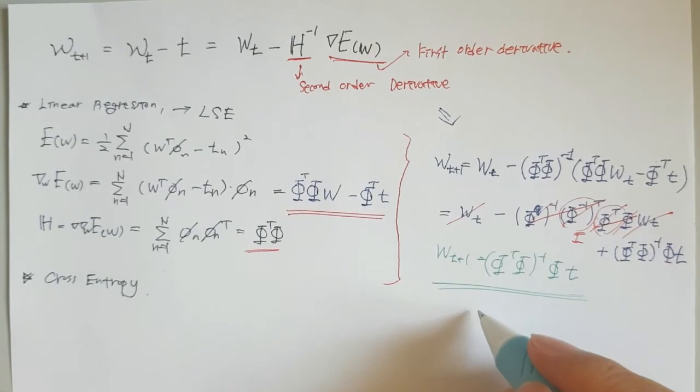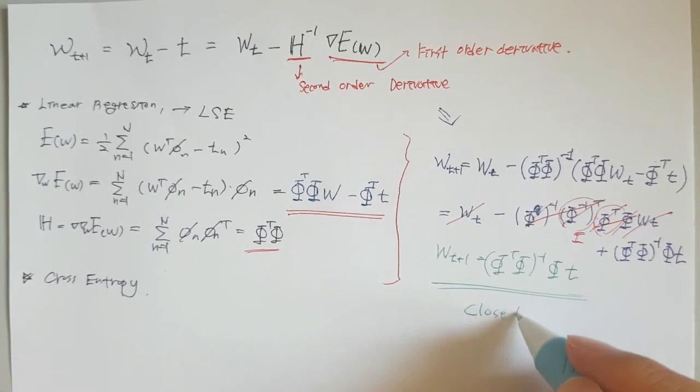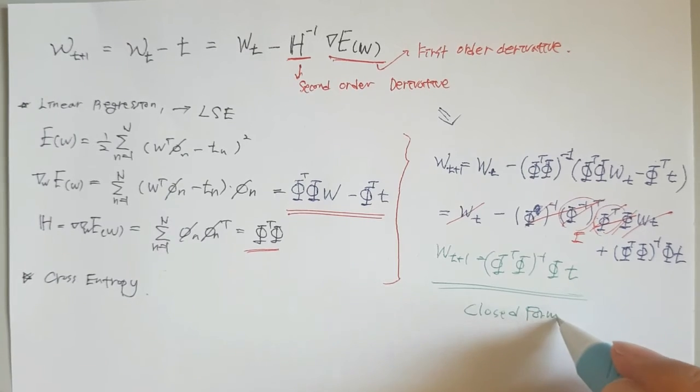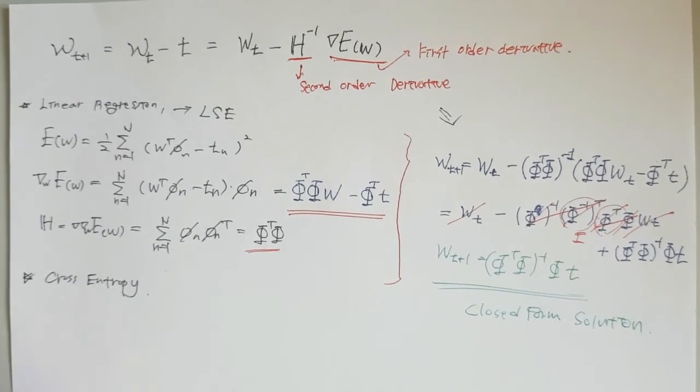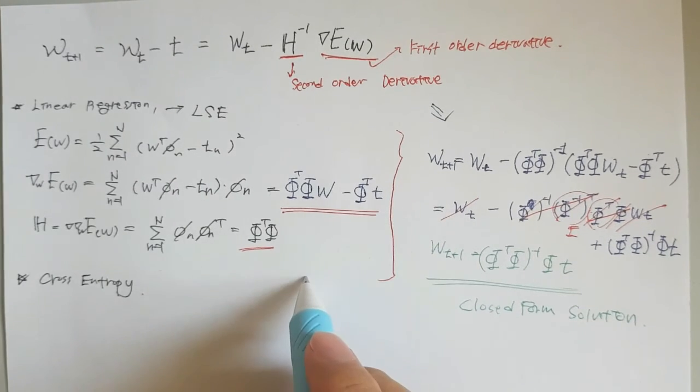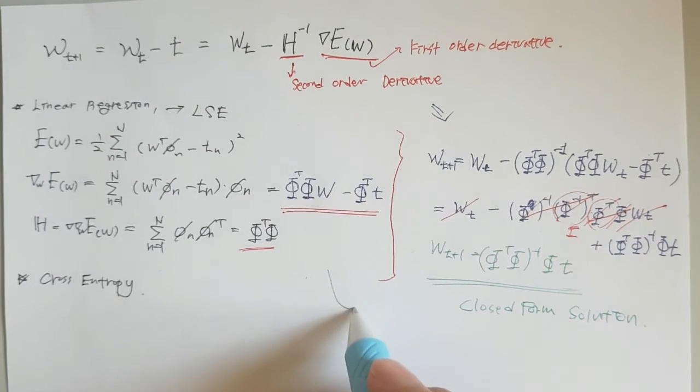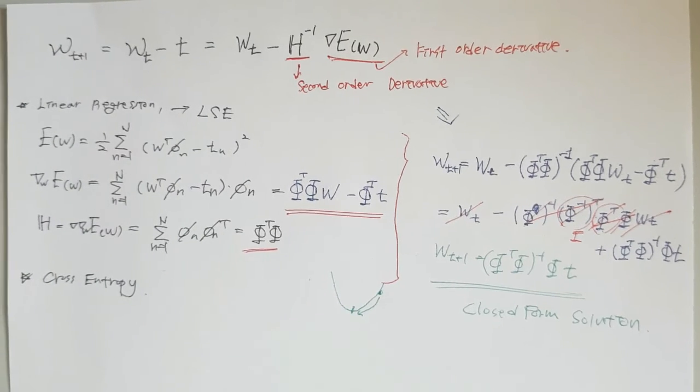That means we have a closed form solution. We can find exactly the right point. Like in the graph, if we start here, then we will go directly to the optimum point.